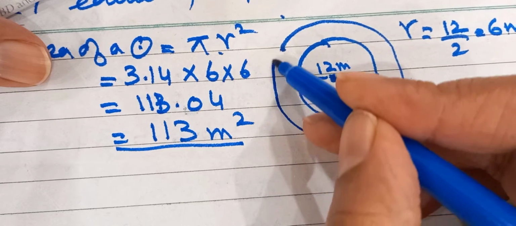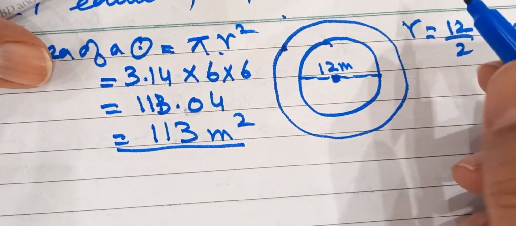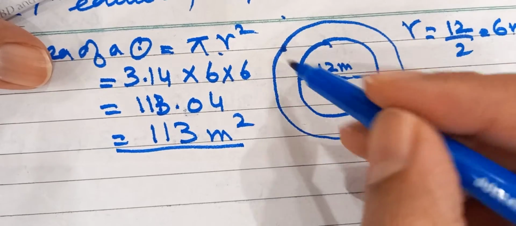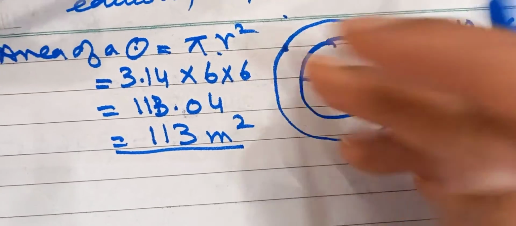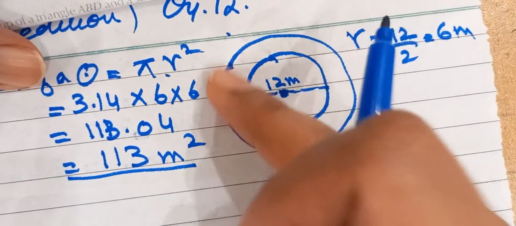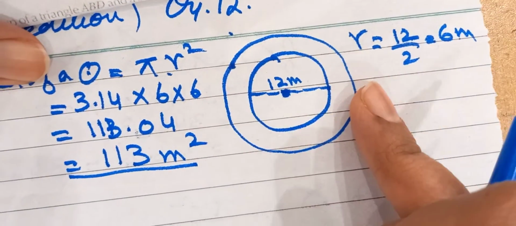Nobody makes a semicircular path around a circular pond. So the path has to be in a circle because they have not mentioned anywhere that it is a semicircle. Whenever you have to draw a path around a circle, it is all round.